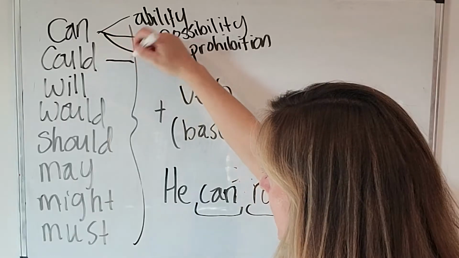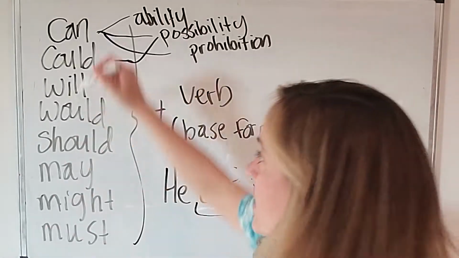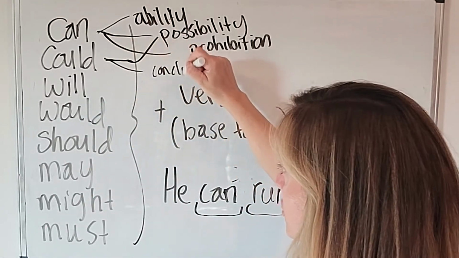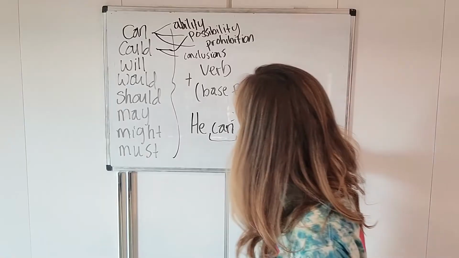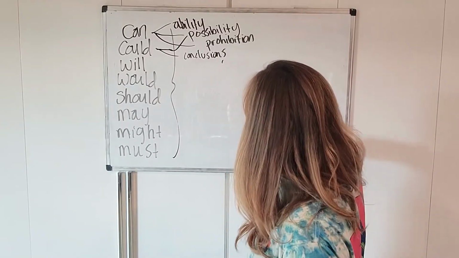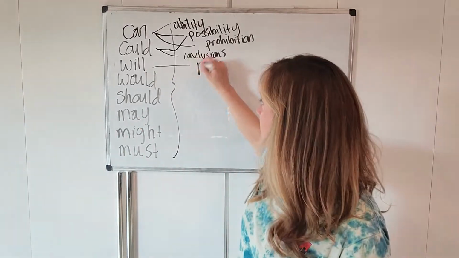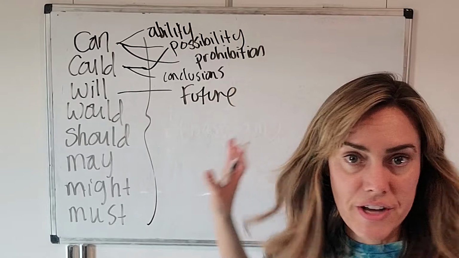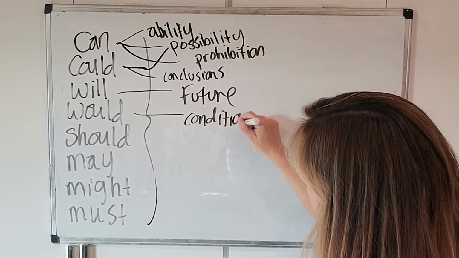Could, we use this also for possibility. We can also use it to make conclusions about things with could. Will, that's used to talk about future time. Would, we use this for conditionals.